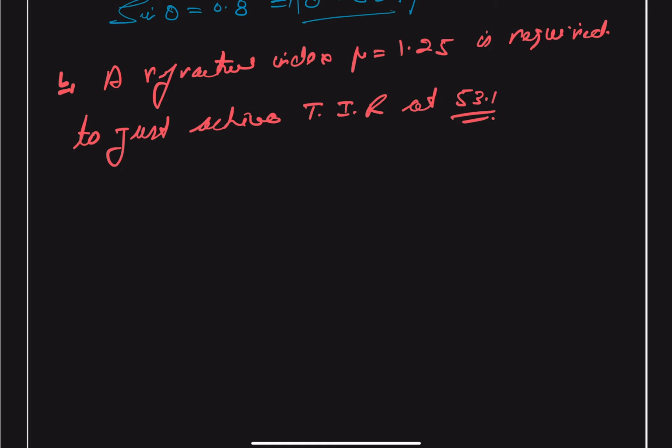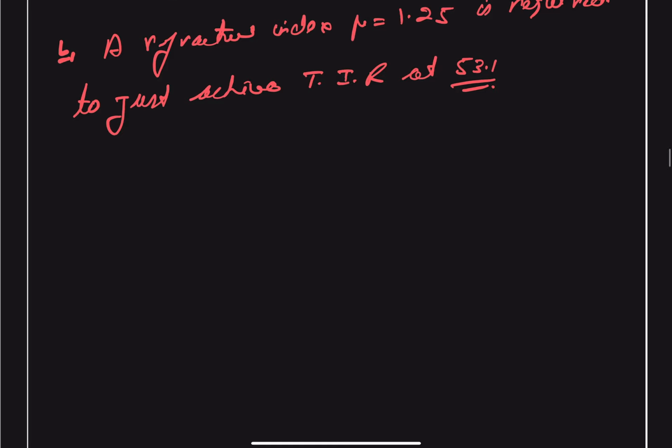Now we can easily find out the value of b, and we are going to use the relationship that mu of lambda is equal to 1.20 plus b by lambda square. We have this as 1.25 equals 1.20 plus b over 4000 whole square.